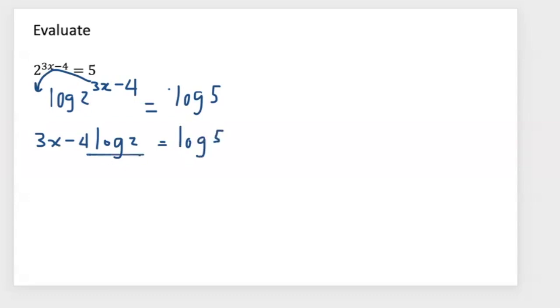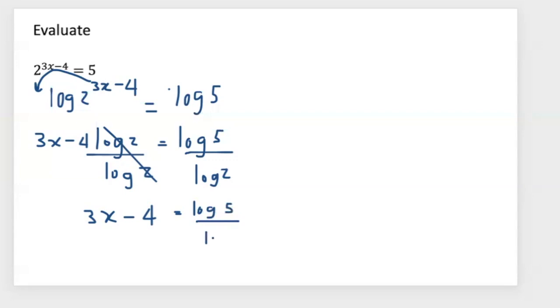Then we divide both sides by log 2. And this cancels, so we have 3x, take away 4, equal log 5 over log 2.